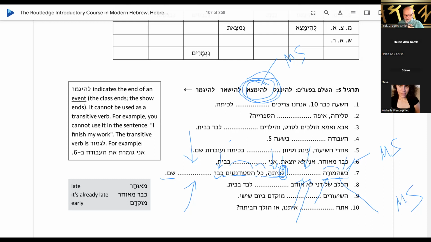Keshamore nimse lakita. כשהמורה נמצא לכיתה. It's not going to be nimsa, it's going to be nimse. I think it's going to be that one there.